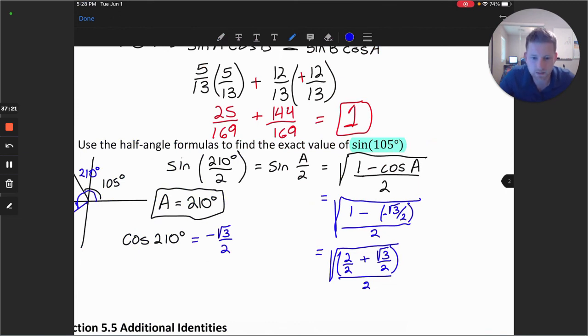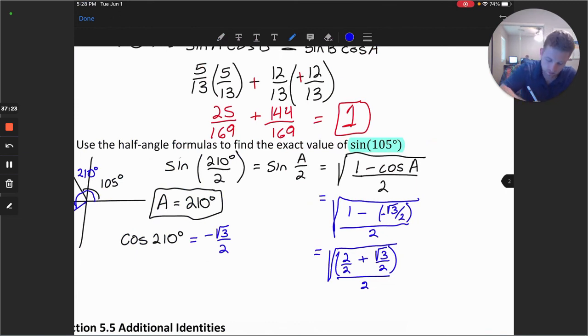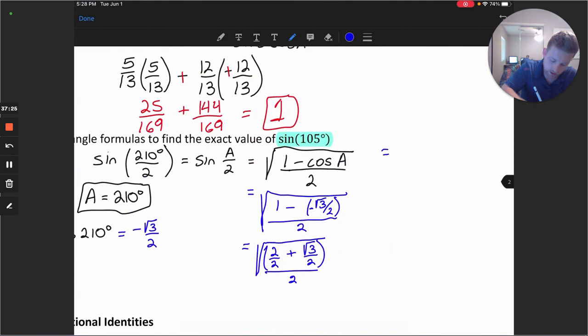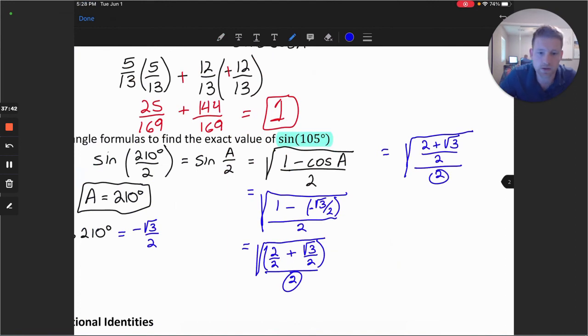And so if I divide both of those fractions by 2, in the numerator we have 2 plus the root of 3 all over the common denominator of 2, and we're again dividing that whole thing by 2 with this 2 right there.